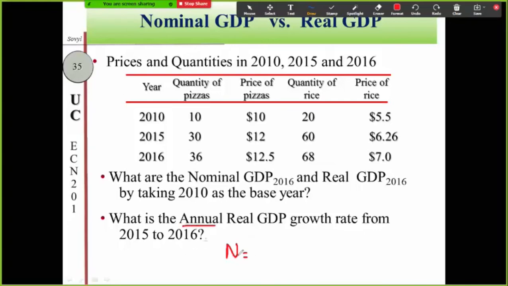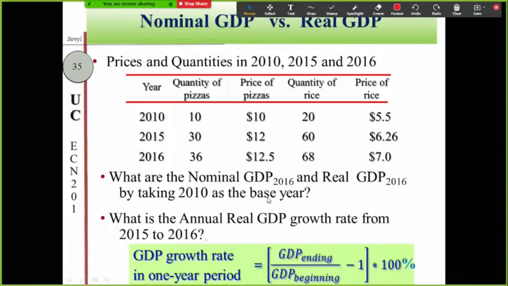In order to find the number of years in the period, we need to take ending year 2016 minus 2015. So it's 1 year period. So how to find growth rate for a 1 year period? This is the formula. For a 1 year period, normally we take the first root.